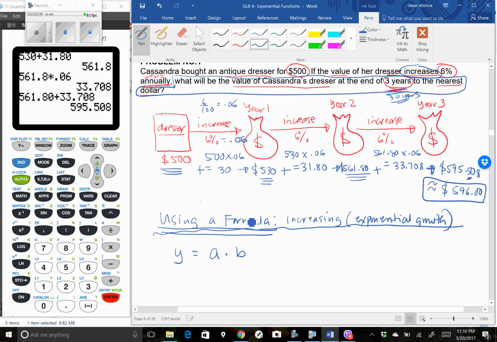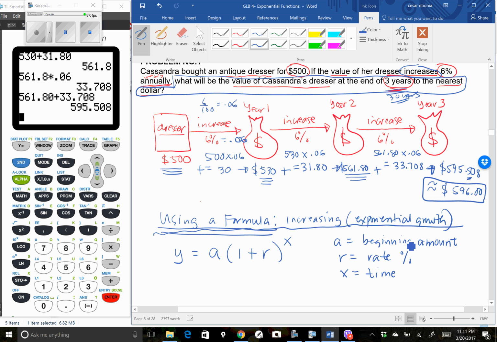I will just use the other formula: a times 1 plus r raised to the exponent x. A is the beginning amount, r is the rate in terms of percent, and x is time.